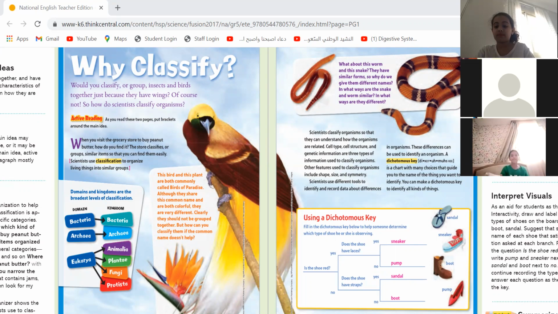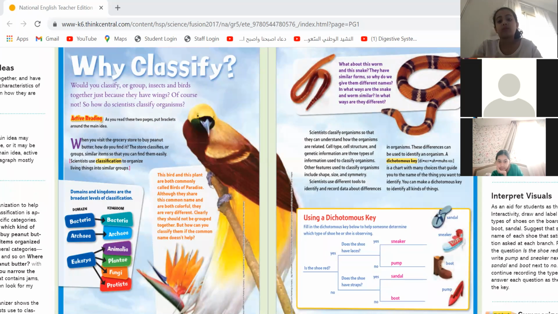But what about our domain? Our domain is called eukarya. Eukarya has what? The kingdom of animalia. Now, eukarya is what we are going to talk about today.